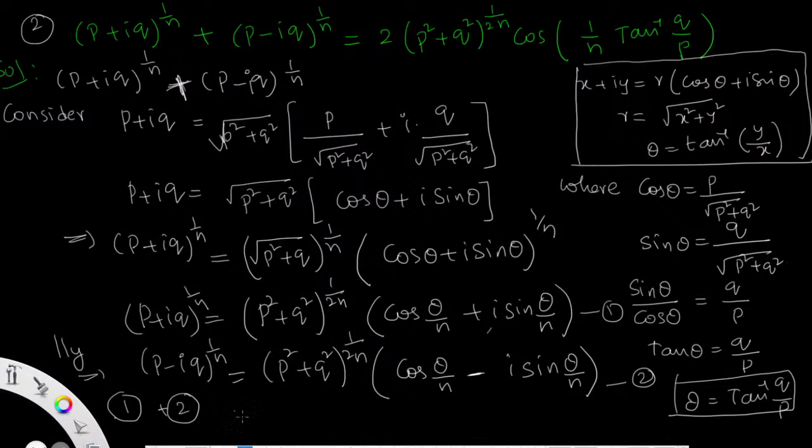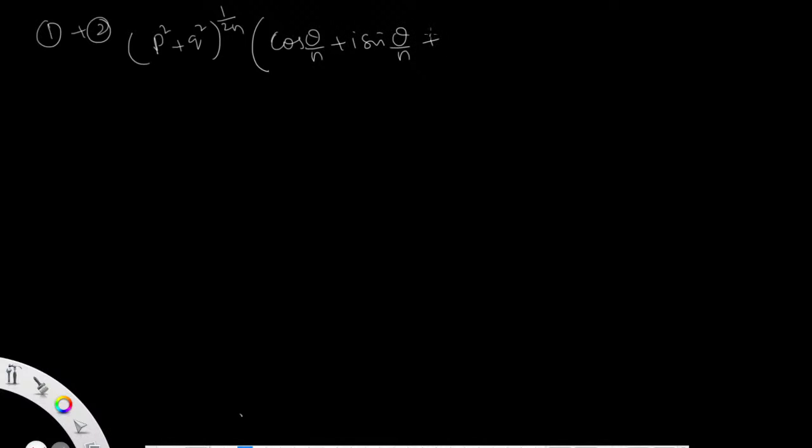I am doing the next step. Therefore the expression should be 1 plus 2, that is, (p square plus q square) whole to the power of 1 by 2n into (cos theta by n plus i sin theta by n) plus (cos theta by n minus i sin theta by n).